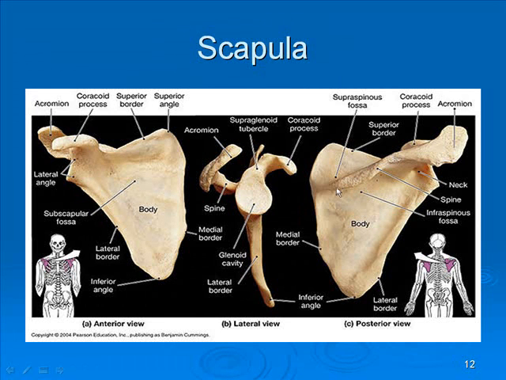If we look at the posterior surface, we see a long projection that runs across the flat surface of the scapula. This is the spine of the scapula. Then the very end of that spine is the acromion process, or the acromion. Then if we look at the other angle, or the anterior surface of the bone, we see the coracoid process, which again is another projection from the scapula as well.